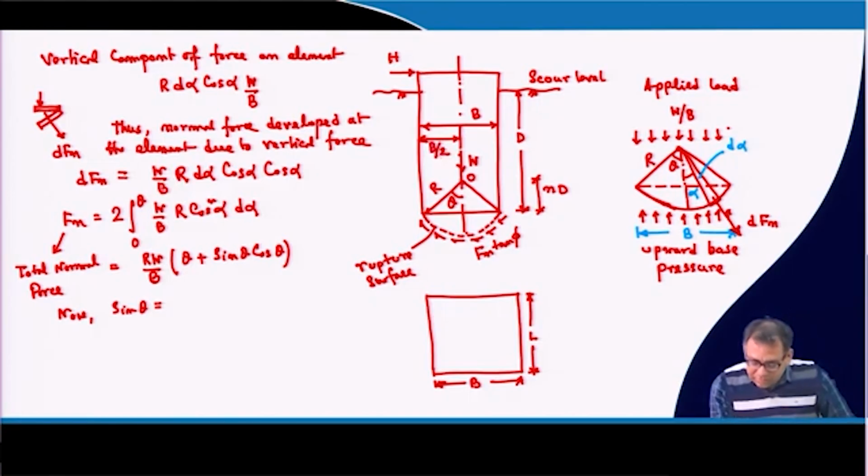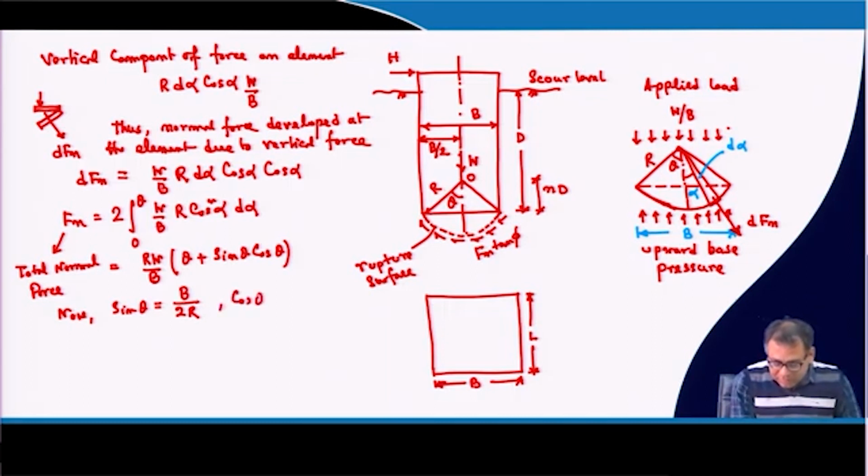So, sin theta will be B by 2 divided by R, because in this triangle we can get that.